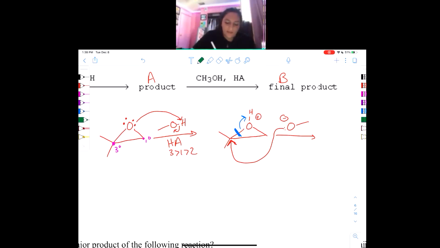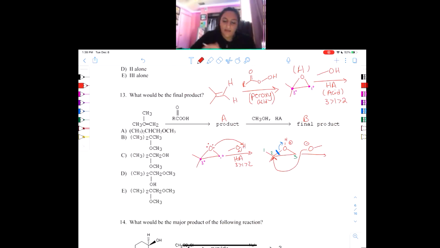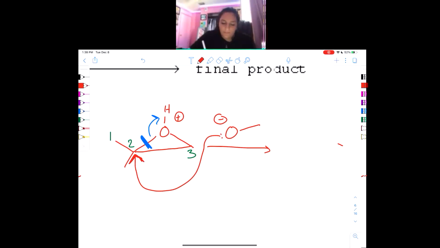And I always like to number my carbons. So 1, 2, 3. So let me draw a 3 carbon chain. We know on carbon 2 we had another methyl. What are we going to have on carbon 3? One, two, three. So what do we have attached to carbon 3? An OH, precisely.